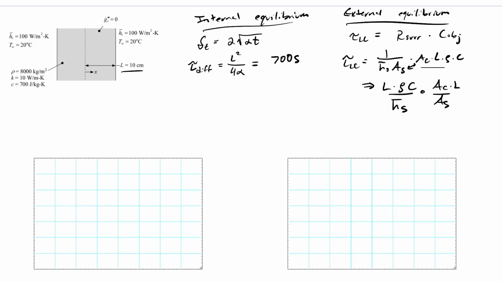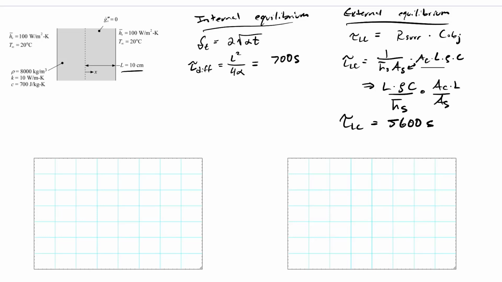Ultimately it scales things a little bit, but the specific calculation, while I want to do it right, isn't the point of what I'm trying to say here. So I'll just give you that tau LC is equal to 5,600 seconds.